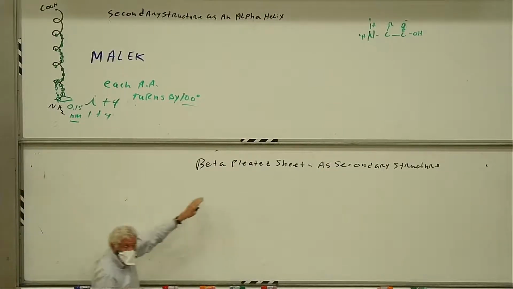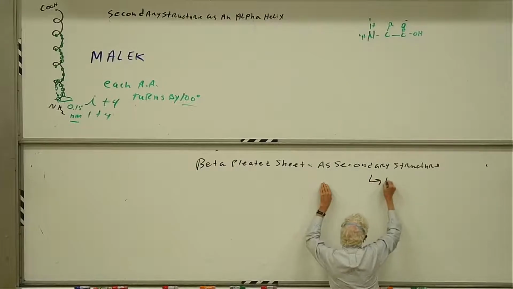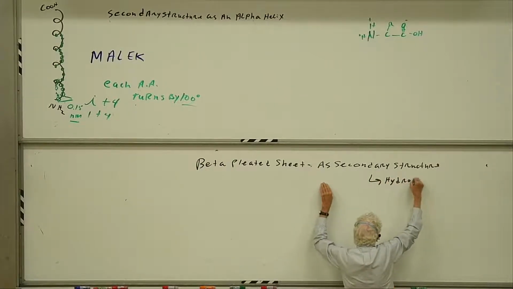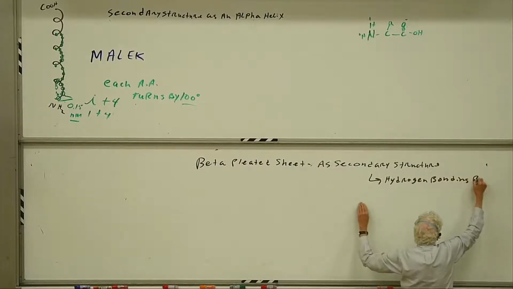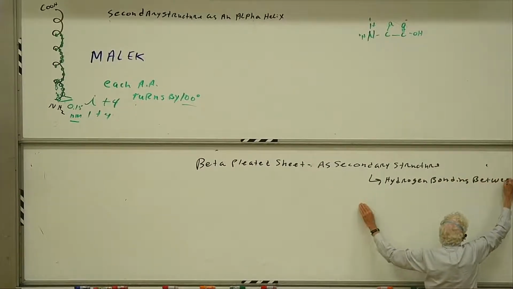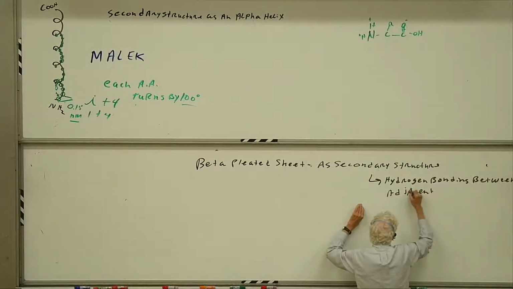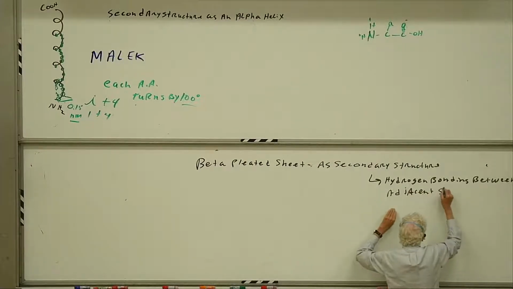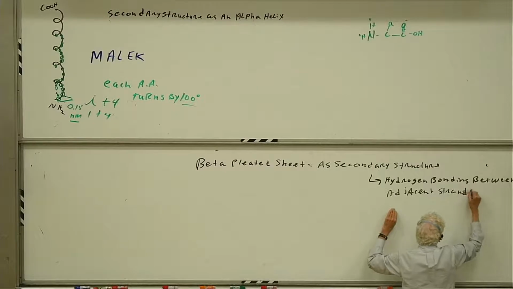When we're talking about beta sheets or beta strands, we're talking about hydrogen bonding between adjacent strands of the protein.